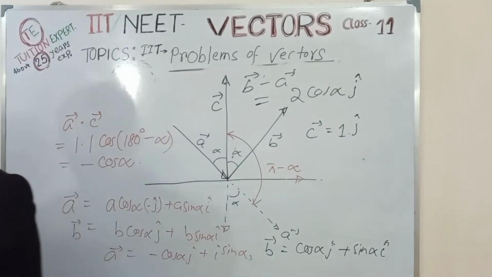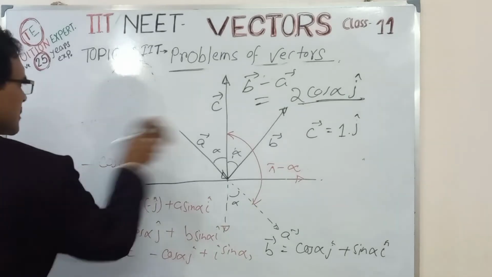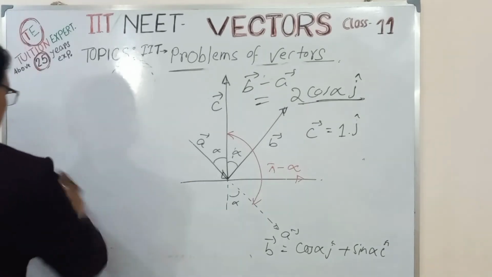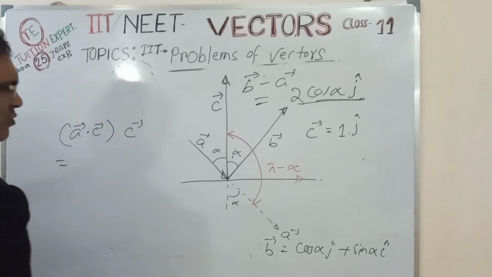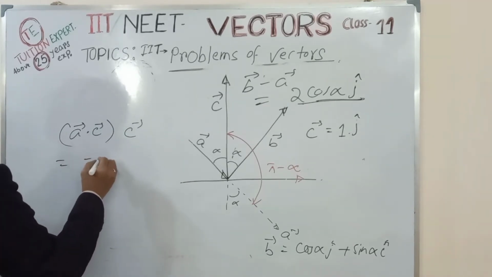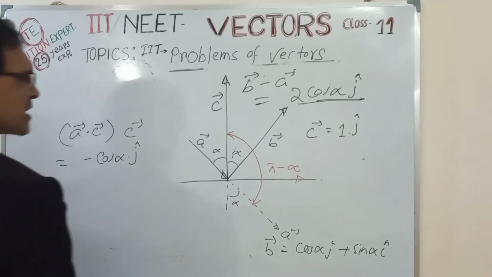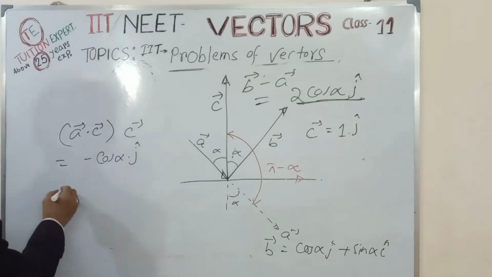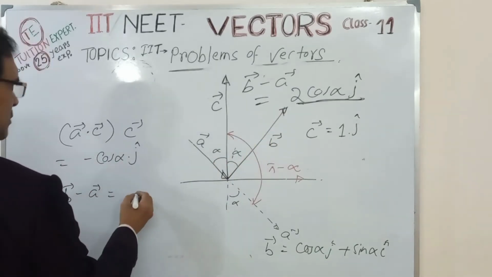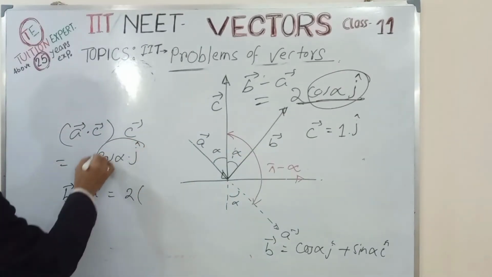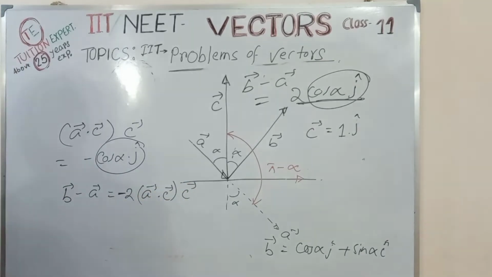From the result we get B minus A equal to 2 cos alpha J, and also A dot C into the C vector equals minus cos alpha into J. So the result is B minus A equal to this, and we put cos alpha J here, so the result will be this.